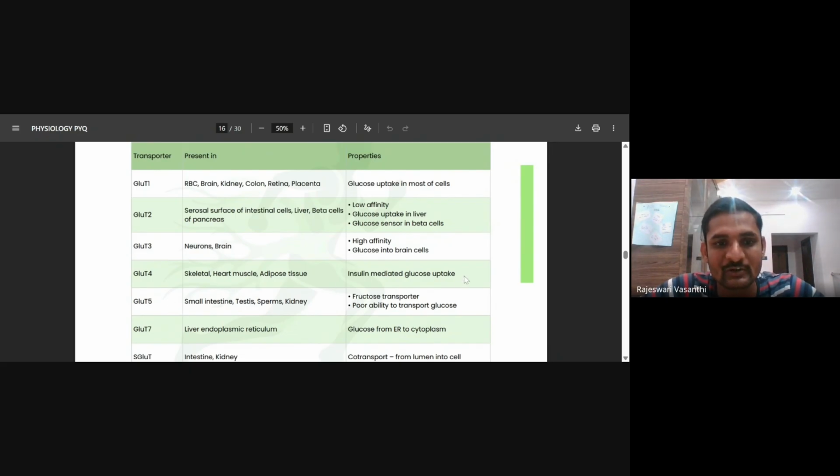GLUT4, insulin-mediated glucose uptake, occurs in skeletal muscle, cardiac muscle, and adipose tissue. Does not occur in liver. GLUT5 is a fructose transporter. It is seen in small intestine, mainly jejunum, testes, sperms, and also in kidney. GLUT6 is a pseudogene. GLUT7 is a glucose 6-phosphate transporter. It is seen in liver endoplasmic reticulum. It is also seen in leukocytes.